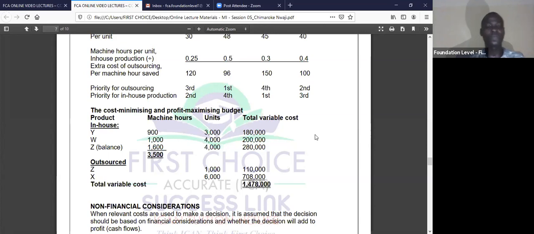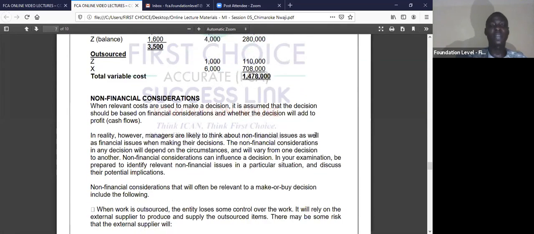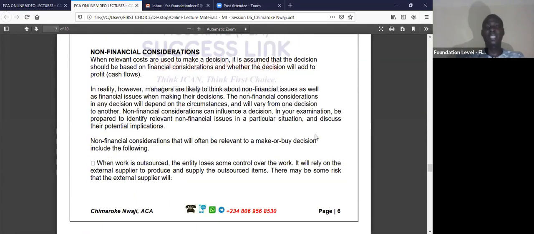Look at the non-financial considerations. Now, in reality, managers think about non-financial issues. It will depend on the circumstance and varies from one decision to the other. Non-financial consideration can influence a decision. And so in your exam, be prepared to identify relevant non-financial issues and discuss their potential implications.